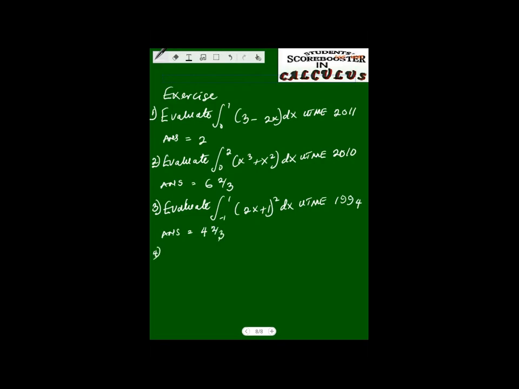Then number 4, if y is equal to x times s raised to power 4 plus s squared plus 1, evaluate the integral from -1 of y dx.